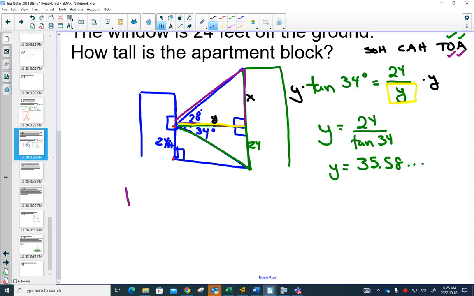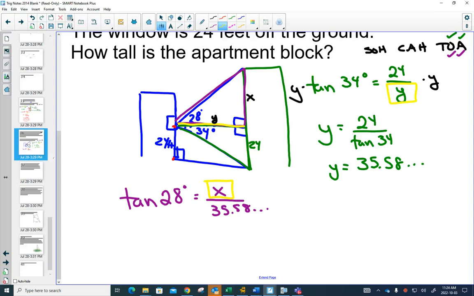So we set up our tan definition for purple. Tan of 28 degrees. The opposite of 28 degrees is the x that we want to find. The adjacent side is the 35.58 dot, dot, dot that we solved. If you want to get the x by itself, it's already in your numerator, that's good, but we're dividing by 35.58.